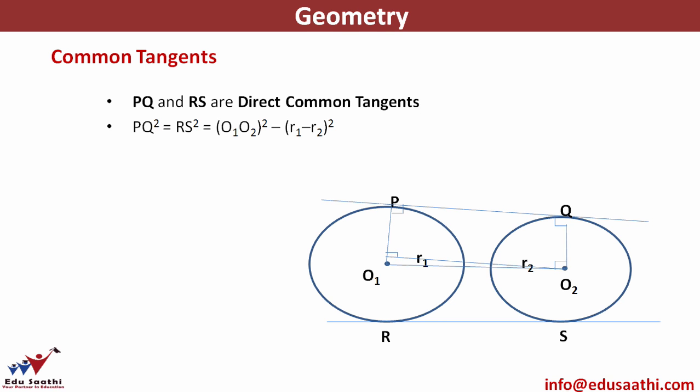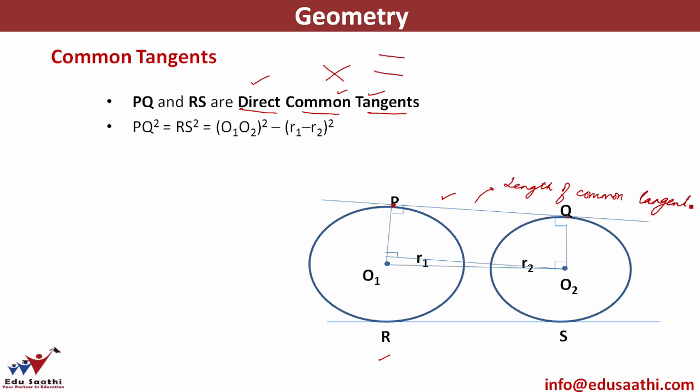So here, if I look at PQ and RS, they are known as direct common tangents. Common tangents because they are common tangents to both the circles, and direct because they do not intersect. They are direct tangents, that means they are not intersecting each other. This distance PQ is known as the length of the common tangent.